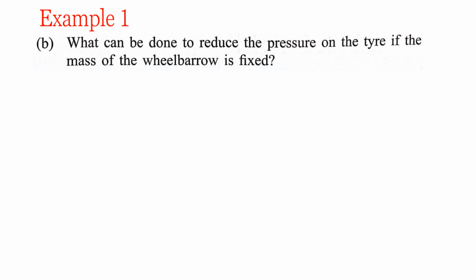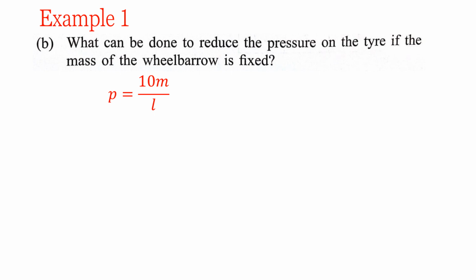What can be done to reduce the pressure of the tire if the mass of the wheelbarrow is fixed? Still remember, this is the equation that you found in part A, where the pressure equal to 10 M, the mass, over the surface area.